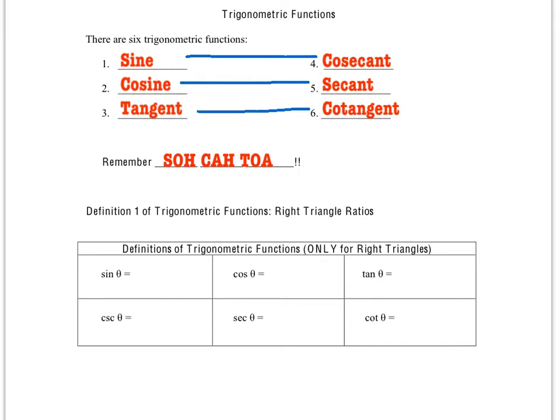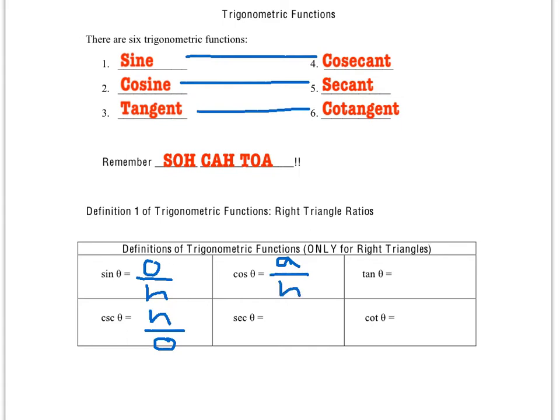So starting off with sine. Sine's going to be opposite over hypotenuse. That means cosecant, since it's the reciprocal, is going to be hypotenuse over opposite. Cosine, the co, is going to be adjacent over hypotenuse.